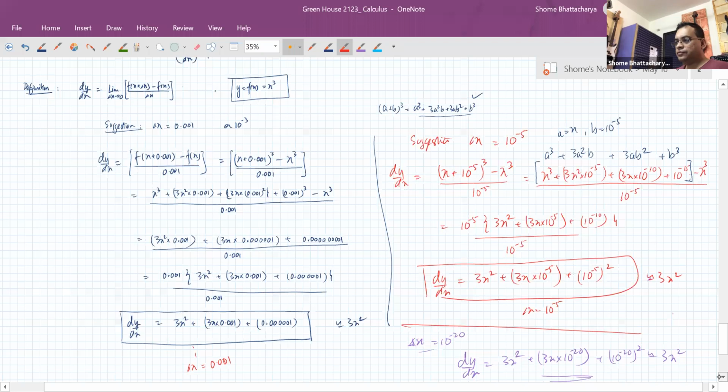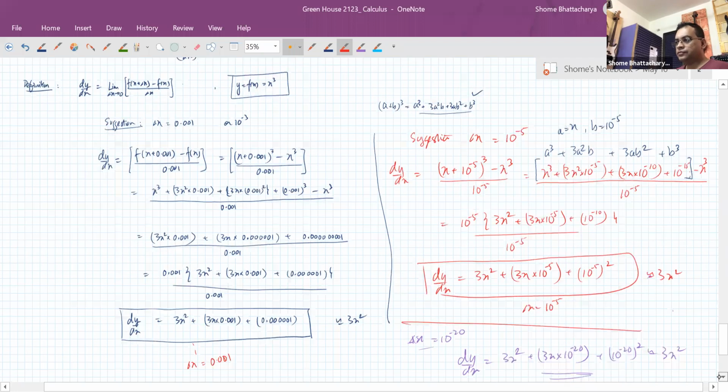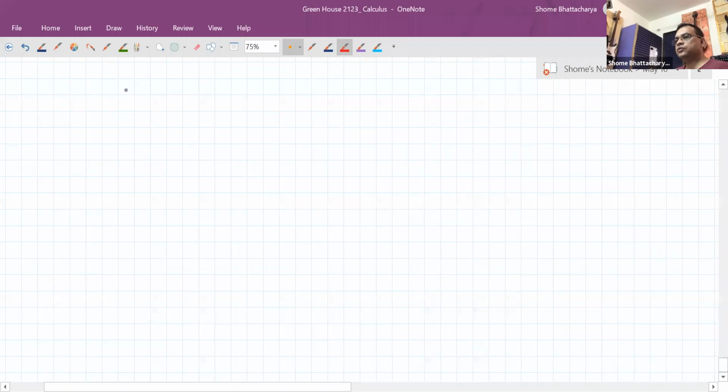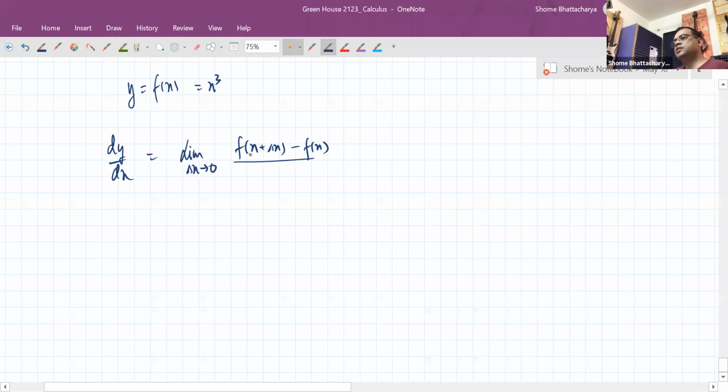Sir, can we take any value in place of 0 for the limit? So now see, the problem is what happens if we take 0 directly. Let me explain that. We have this function, which was x cube, and we have defined dy by dx as the limit of delta x tending to 0 of f of x plus delta x minus f of x, divided by delta x.